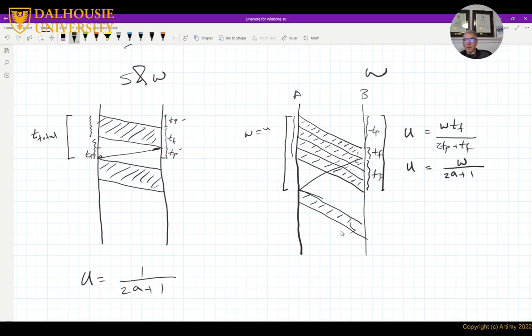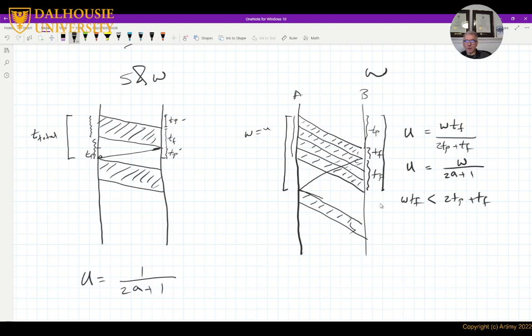Right? This works if W TF is less than 2TP plus TF. Right?